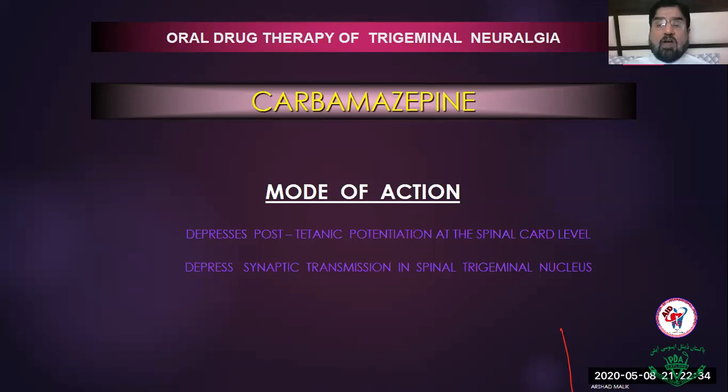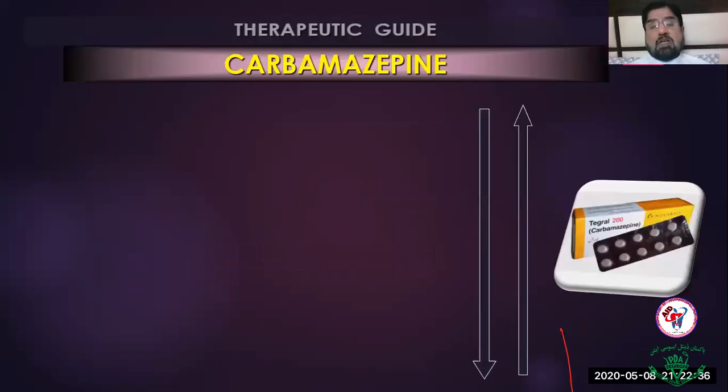Its mode of action, what happens is that if you have a very precise way of giving carbamazepine, ladies and gentlemen, I give you a guarantee that even this patient will not report back to you if carbamazepine is given in a very authentic and pharmacological way.